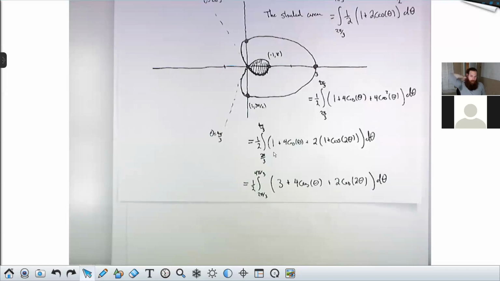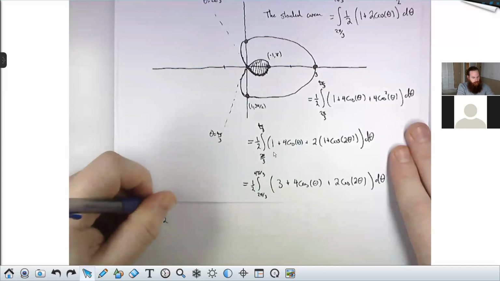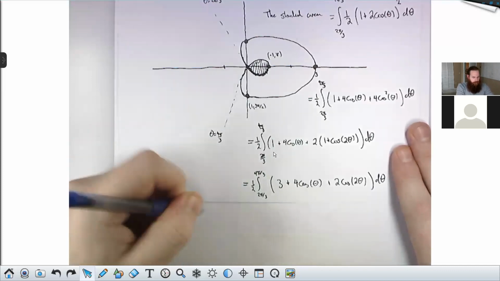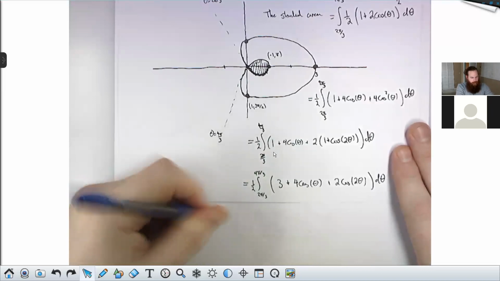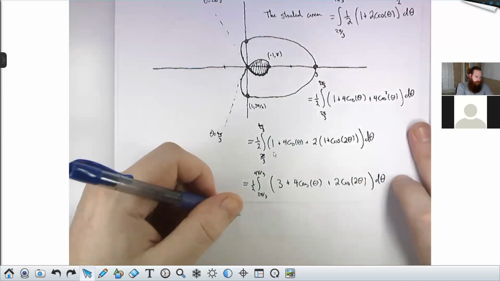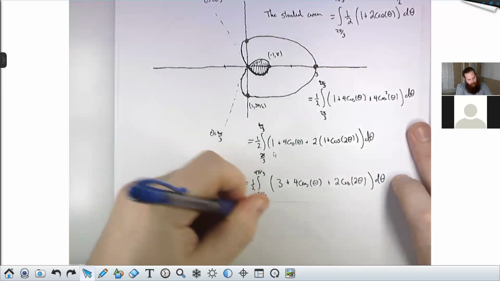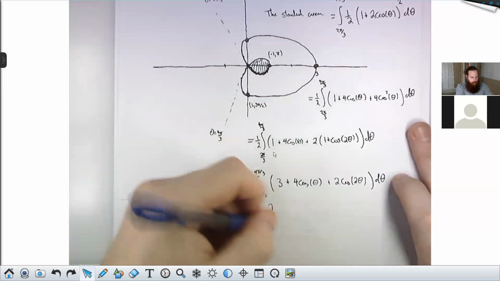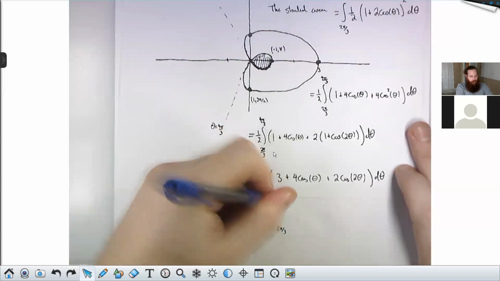And now we're at a place where antiderivatives are easy to spot. So this is 1/2 times 3 theta plus 4 sine theta plus 2 sine 2 theta over 2, which is just sine 2 theta, from 2 pi over 3 to 4 pi over 3.